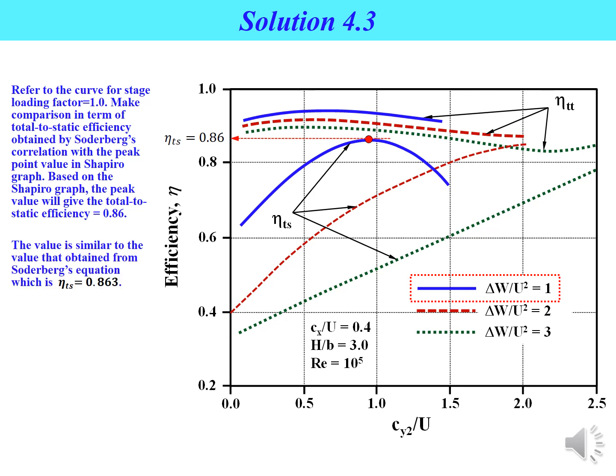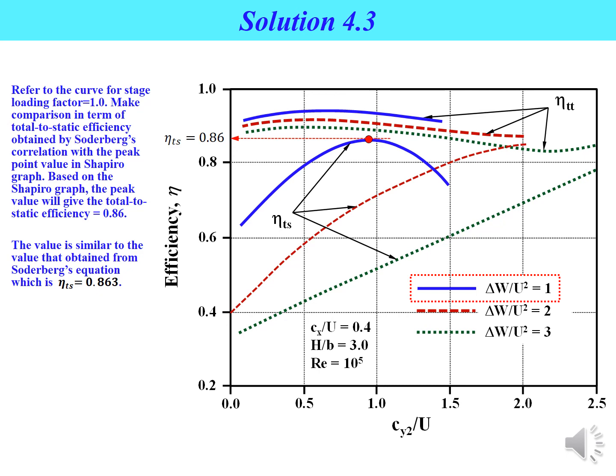Now if you look at the value that we obtained in the previous slide for Soderberg correlation, eta Ts equal to 0.863, the value is similar.